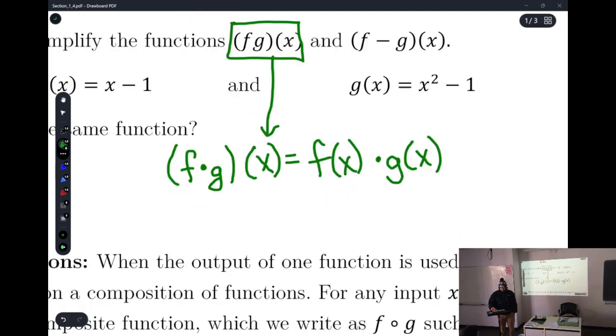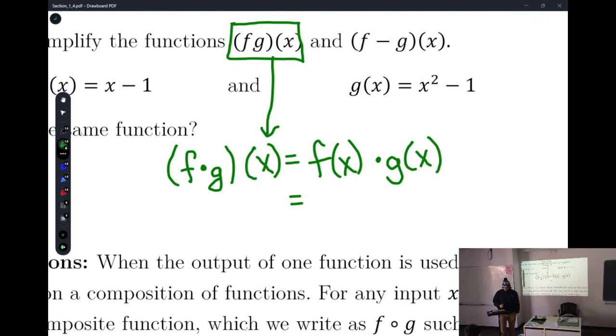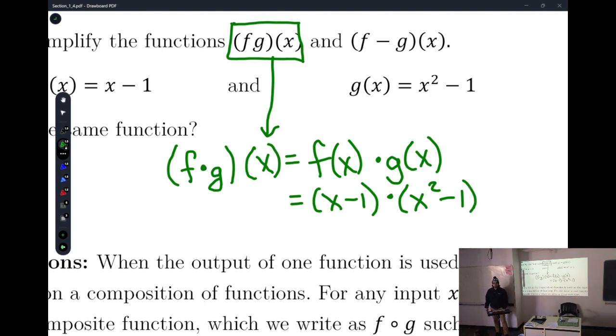Cool? And so then, what is f of x? And what is g of x? Boom. Oh, shoot. There's a consideration to be done. I wish it was easy. I wish it was just straightforward. We have to do this special word.